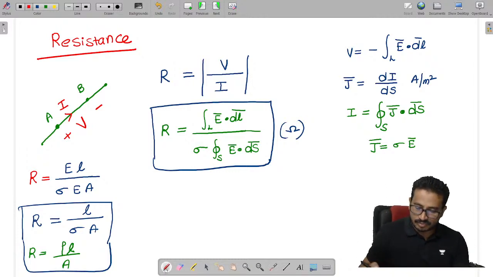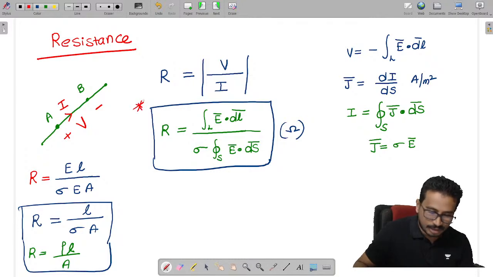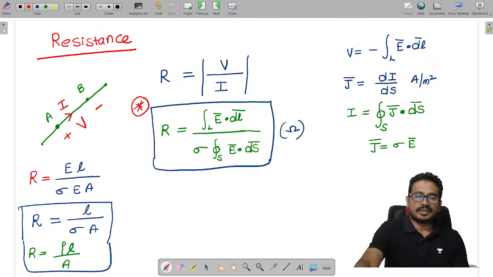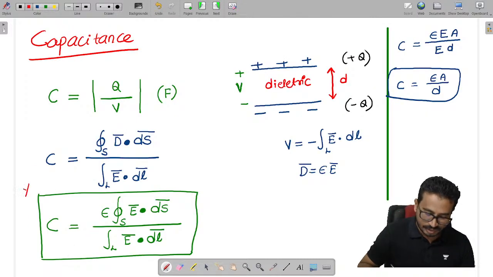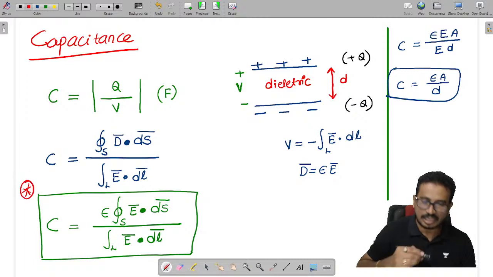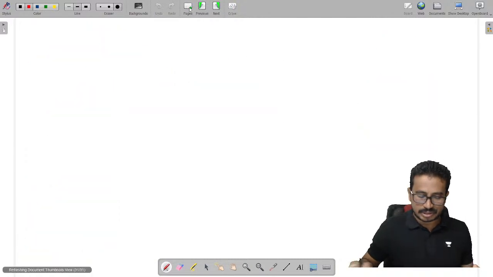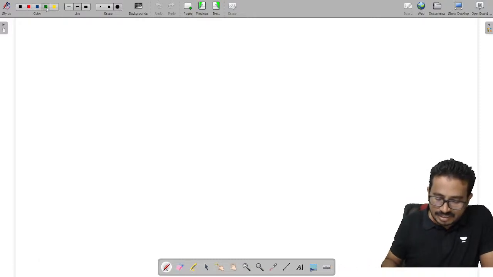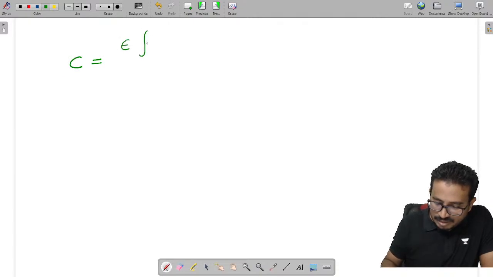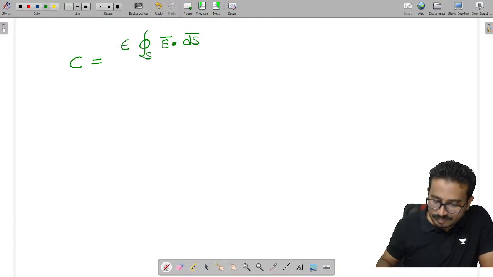These are the general formulas which we use to find the resistance of any type of material, and this is the formula which we use to find the capacitance of any type of material. If you observe carefully, we will get some cross relation between the two. Here C is given as epsilon into the closed surface integration of E dot dS, divided by the line integration of E dot dl.